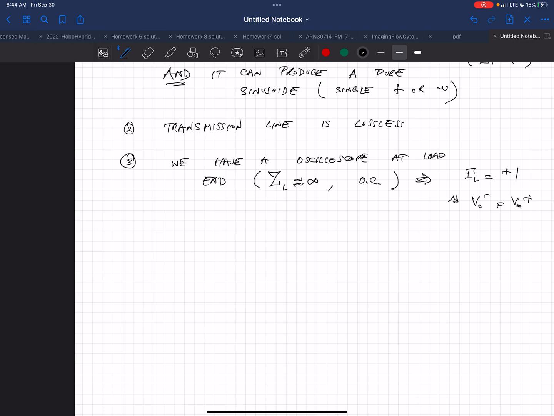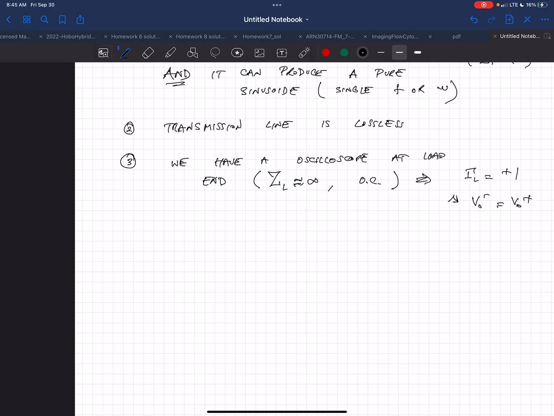Another thing I wanted to write down is this one. I don't think it's important to memorize, but I'm writing it down because we derived it last time, and I'm just going to use it as is.